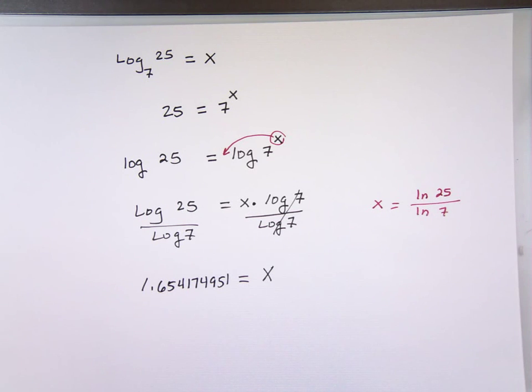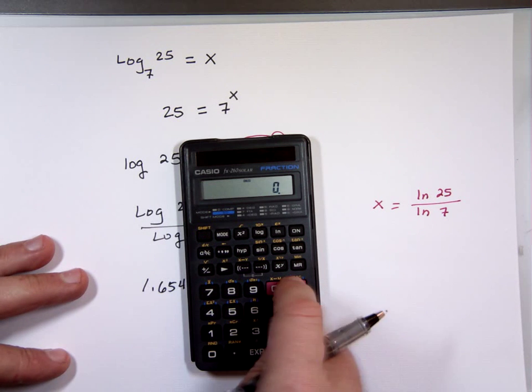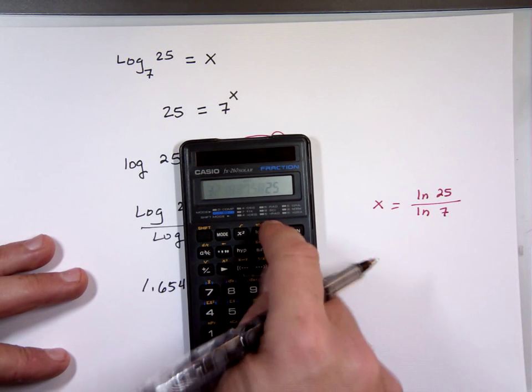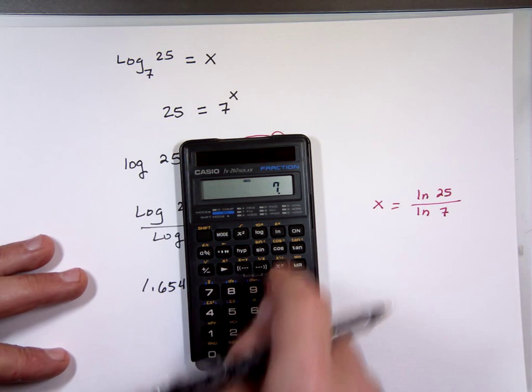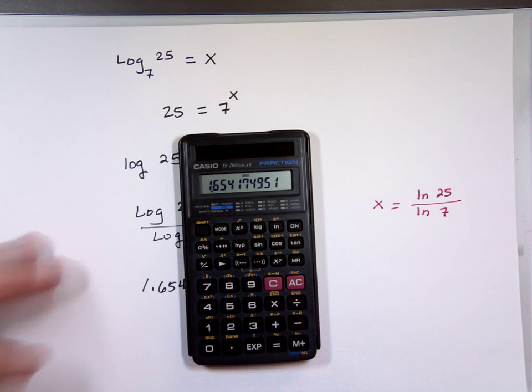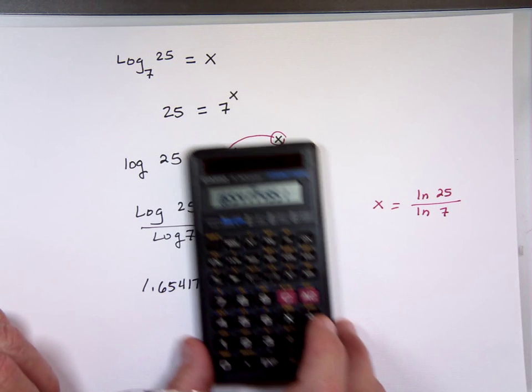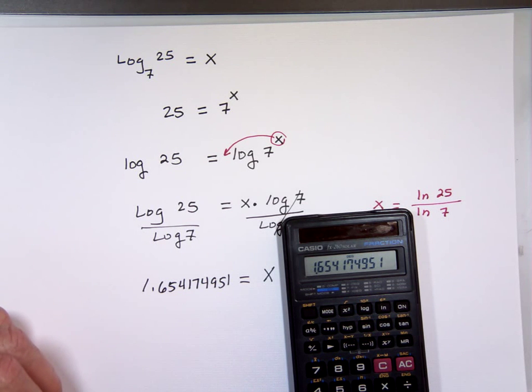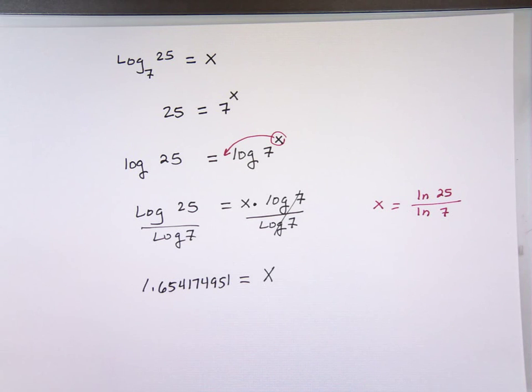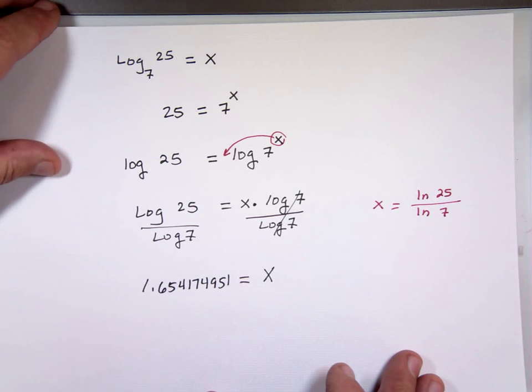Let's try it. Is it 1.654174951? Same exact answer. So we can find the log of any number to any base. So here's the rule for that. It's called the change of base rule.